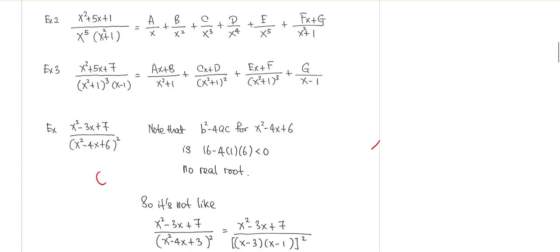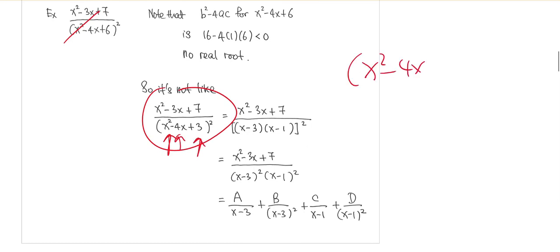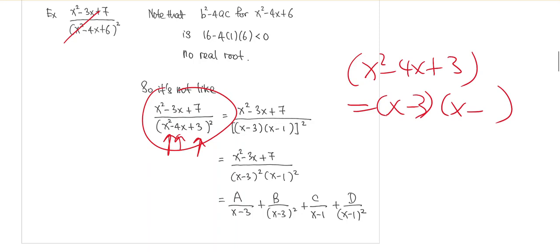This is something you really do need to check, because suppose I change the question a little bit, and now instead we are looking at this. Here you have x squared minus 4x plus 3. This can be factored, because it can be written as x and x, with a 3 and a 1, so it becomes x minus 3 multiplied by x minus 1.